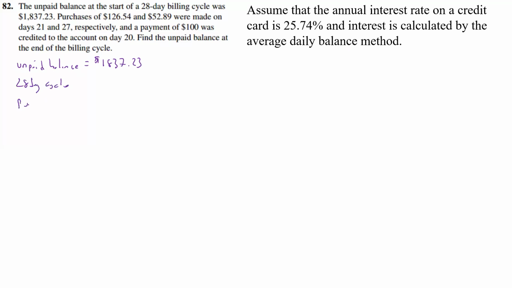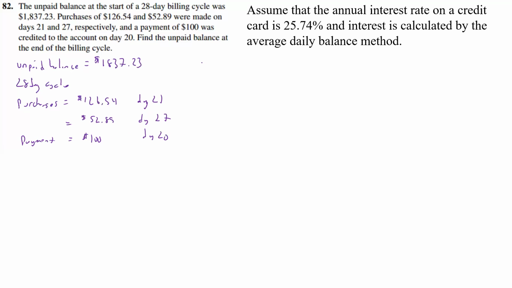We had purchases of $126.54 on day 21, and $52.89 on day 27, and we had a payment of $100 on day 20.